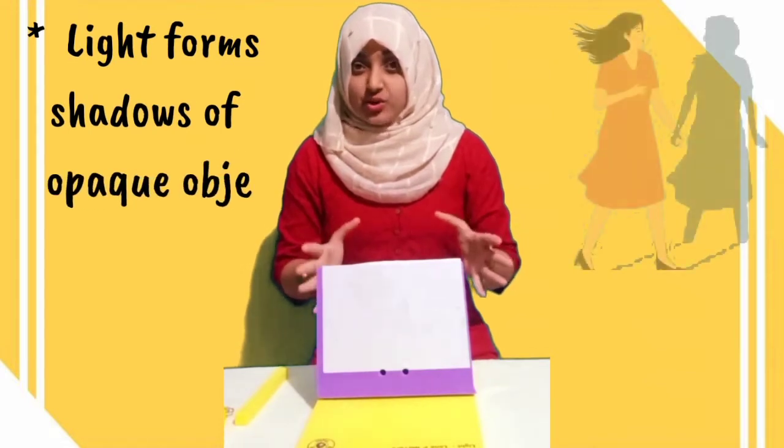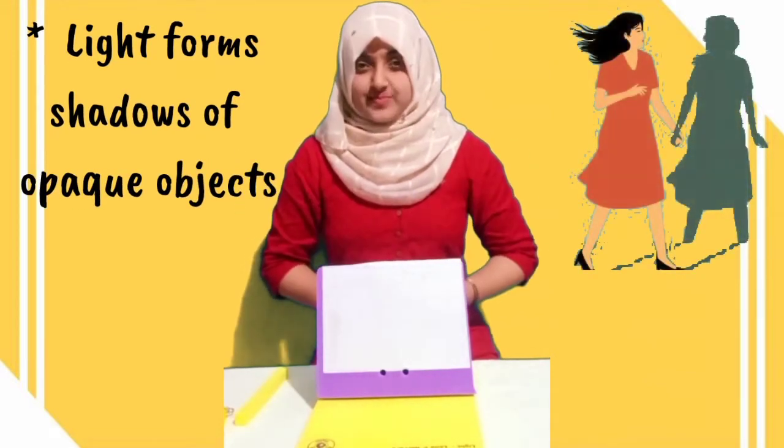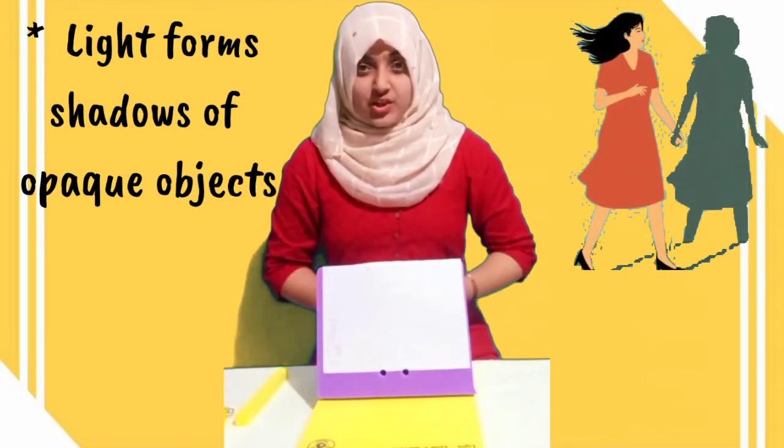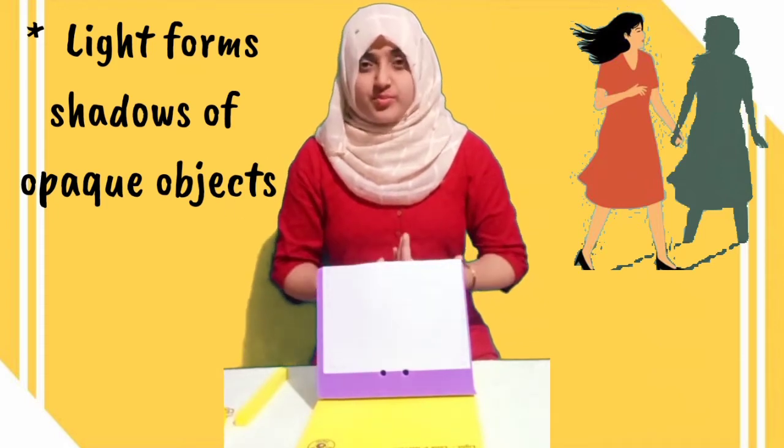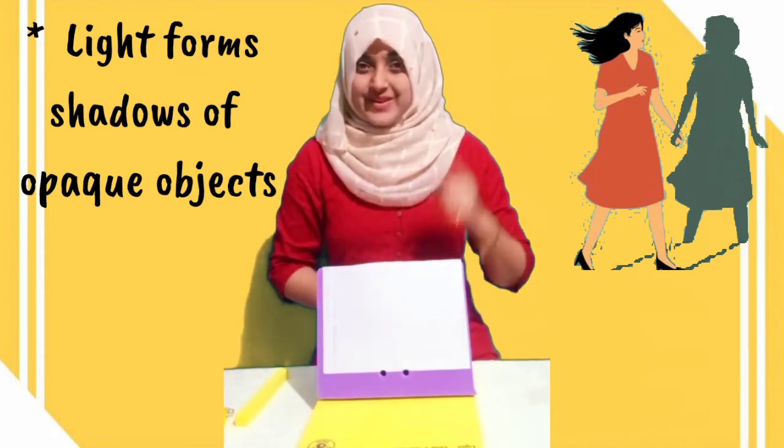The first property of light states that light forms shadows of opaque objects. Well, we see shadows of ourselves and every other object in daily life, but we never knew the actual reason behind it. That is because these opaque objects do not allow the light to pass through them.